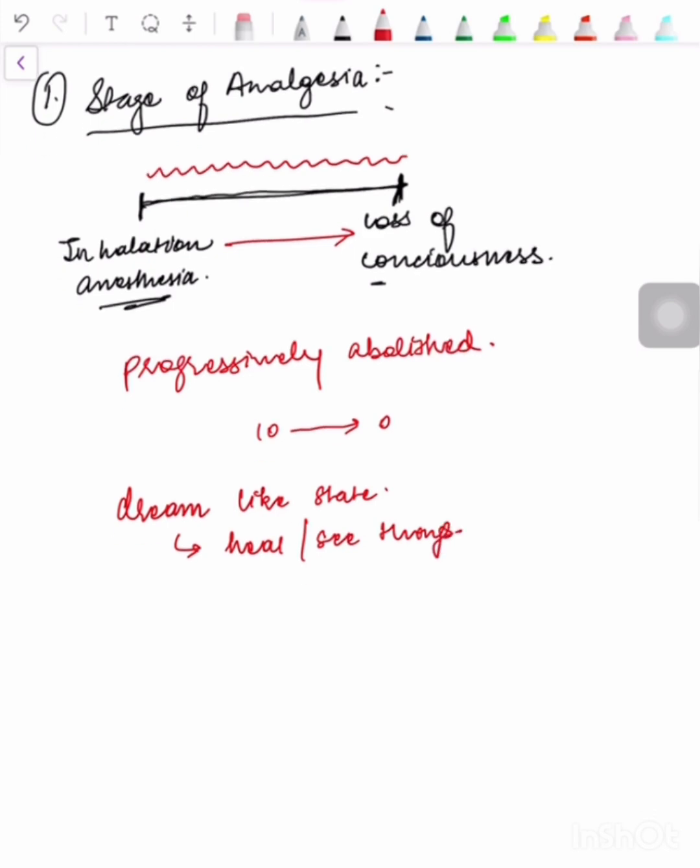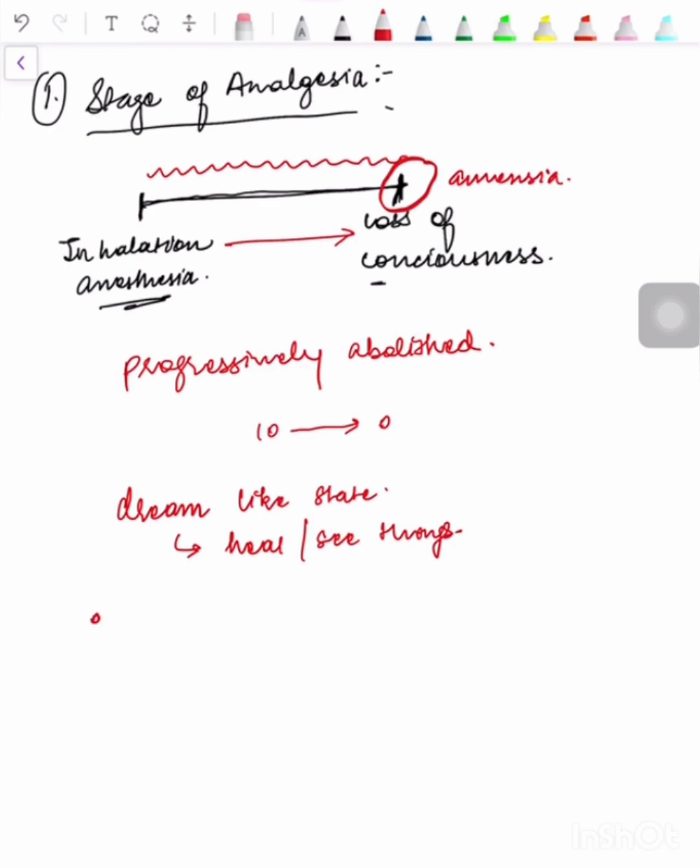And amnesia develops by the end of this stage. As the loss of consciousness is reached, amnesia also develops by the end of this stage. Though some minor operations can be carried out during this stage, it is rather difficult to maintain. Use is limited to short procedures.